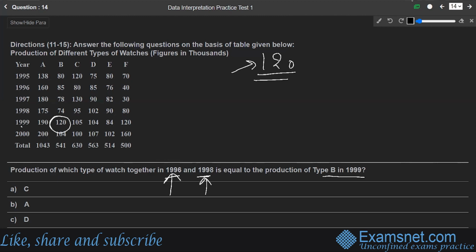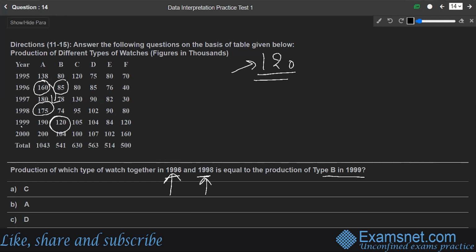Let us see, 1996 and 1998. For each type of watch we have to add the 1996 and 1998 values. For type A, the 1996 value is 160 and the 1998 value is 175. Clearly the total of 160 and 175 will be more than 120, so this is not the right one.